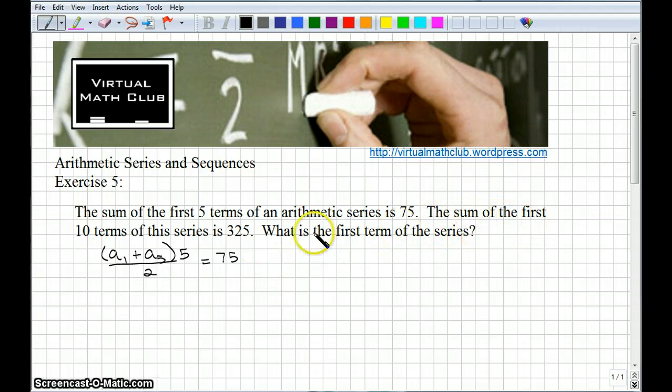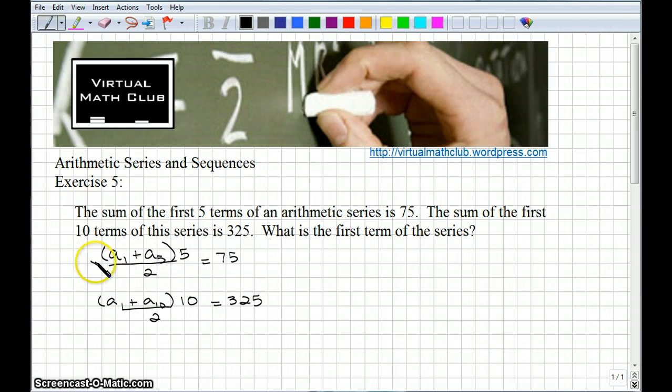Let's look at the second statement. The sum of the first 10 terms is 325. So we can do the same thing: a1 plus a10 times 10 over 2 is equal to 325. Now let's take those two statements and simplify them.